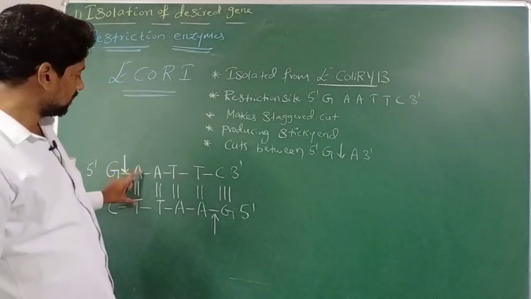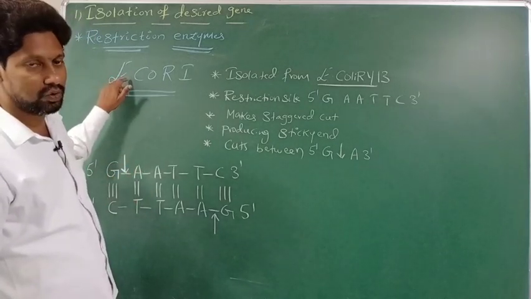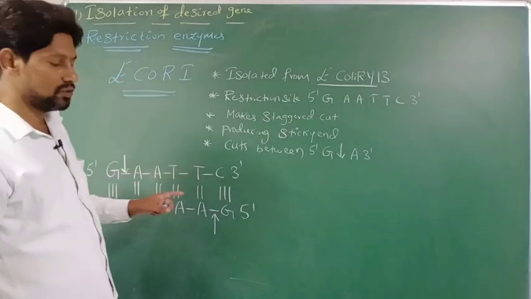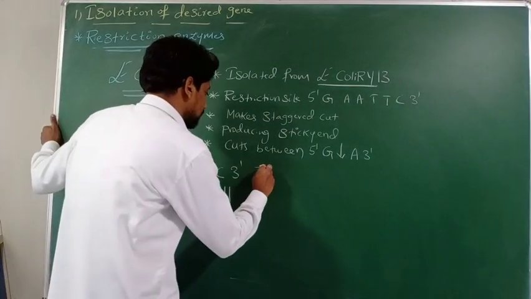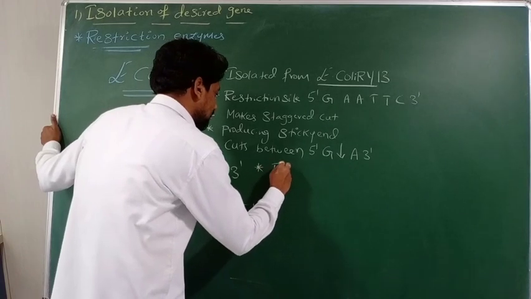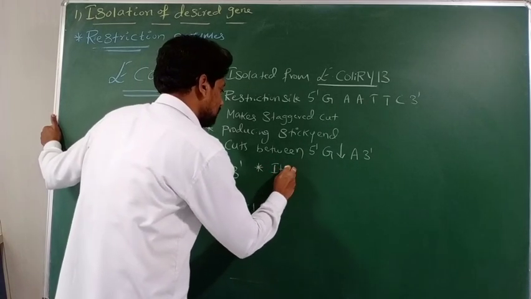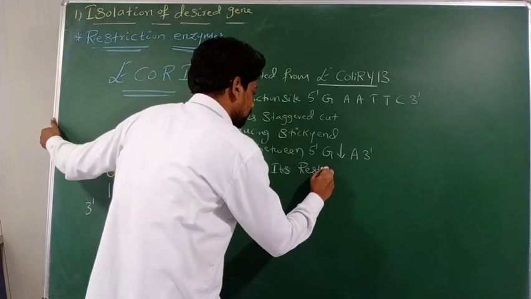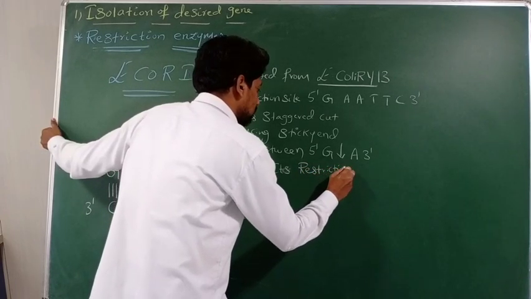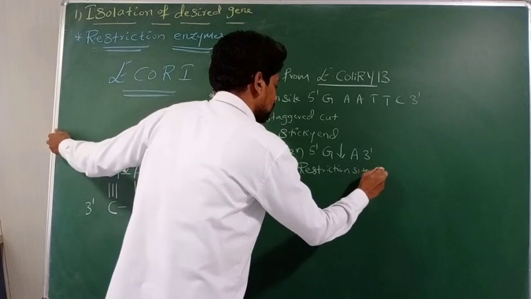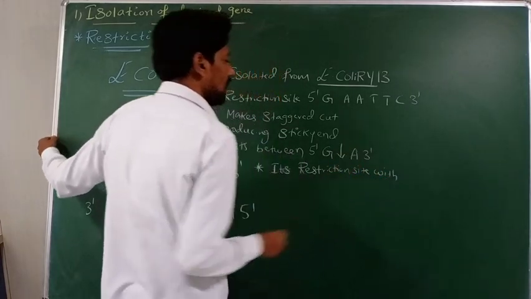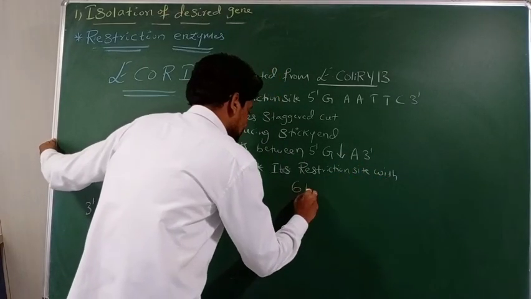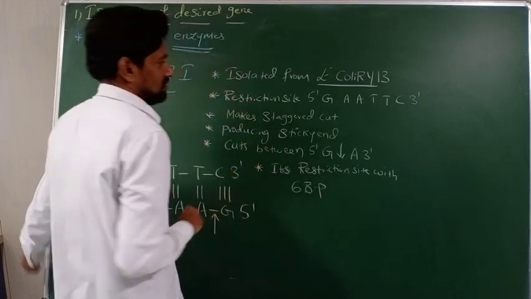How many base pairs does it have? 6 base pairs. Therefore, it's a restriction site with 6 base pairs.